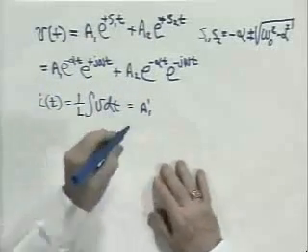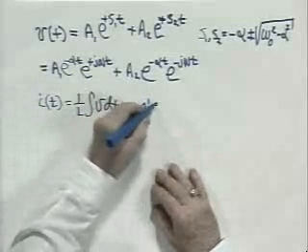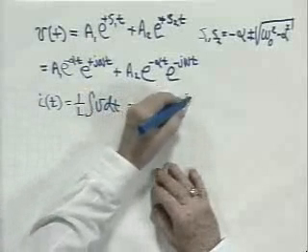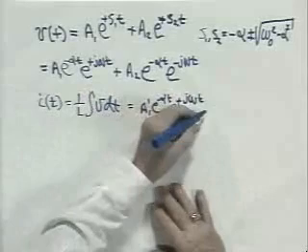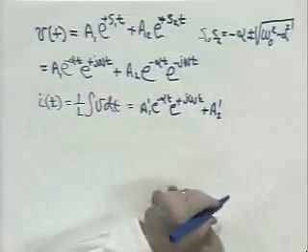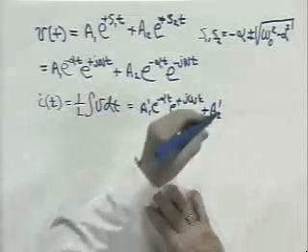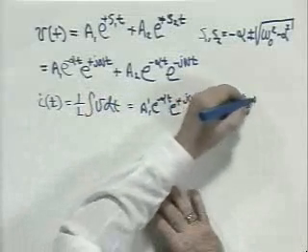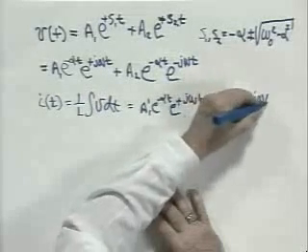Some A1 prime times e to the minus alpha t, e to the plus j omega t, plus some A2 prime, different from A2, but proportional to it, times e to the minus alpha t, e to the minus j omega t.